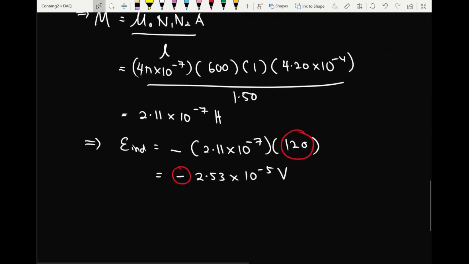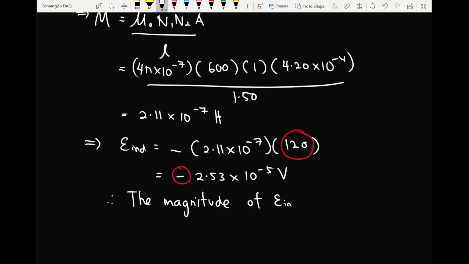Therefore, the magnitude of induced EMF is, we take the positive sign, positive 2.53 times 10 to the power of -5 volt. Settle for the first Roman.